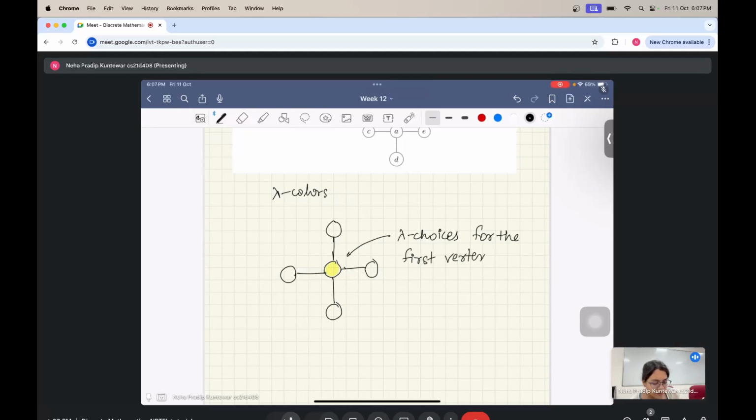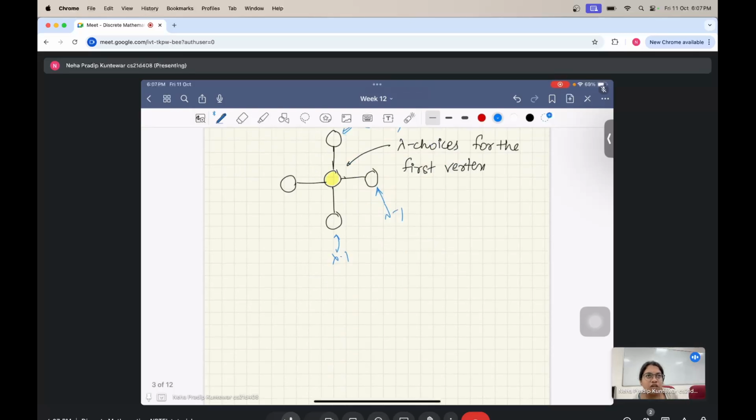And now let's say I want to color one of its neighbors. I cannot choose the color that is assigned here. Other than that, I can choose any of the other lambda colors. So that means I have exactly lambda minus 1 choices for this. Similarly, I have lambda minus 1 choices for this, lambda minus 1 for this, and so on. So the total number of ways in which I can do this is lambda for the center vertex and lambda minus 1 for each of the other 4.